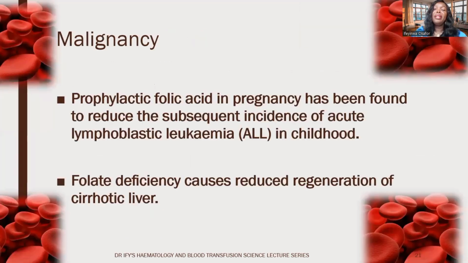Malignancy. Prophylactic folic acid in pregnancy has been found to reduce the subsequent incidence of acute lymphocytic leukemia in childhood. Studies have shown that prophylactic intake of folic acid during pregnancy reduced to a great extent the incidence of lymphoblastic leukemia in childhood. Folate deficiency can also cause reduced regeneration of cirrhotic liver.